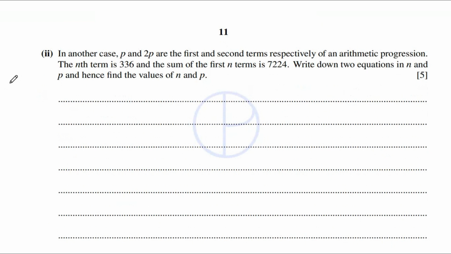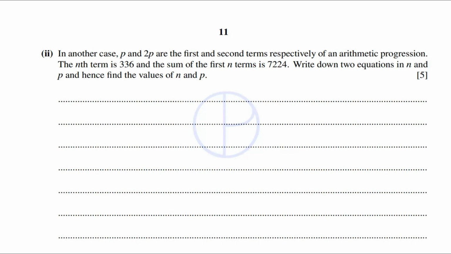The next part of the question is, in another case, p and 2p are the first and second terms respectively of an arithmetic progression. The nth term is 336 and the sum of the first n terms is 7224. Write down two equations in n and p and hence find the values of n and p.